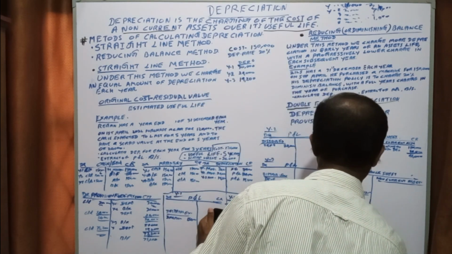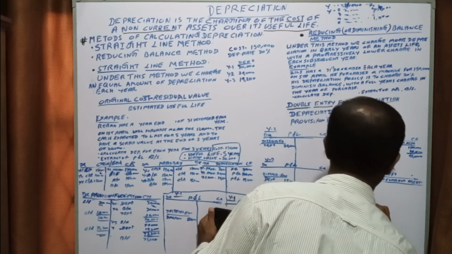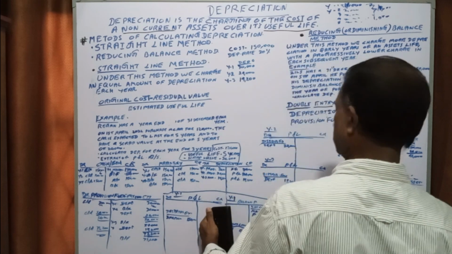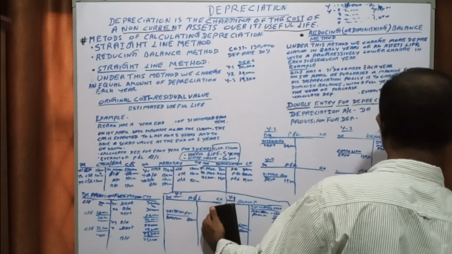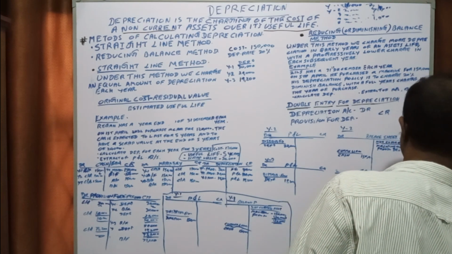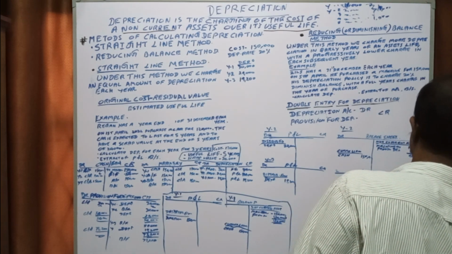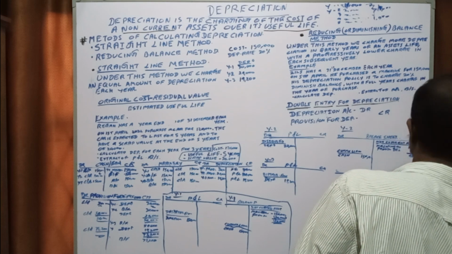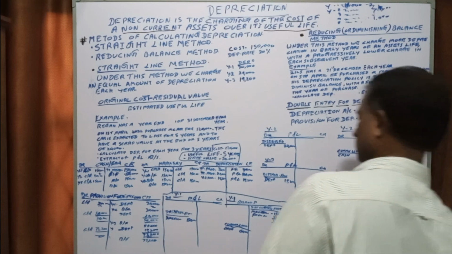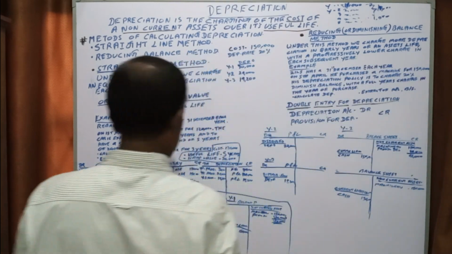Cash 150,000. Non-current assets, machinery 150,000. Right?